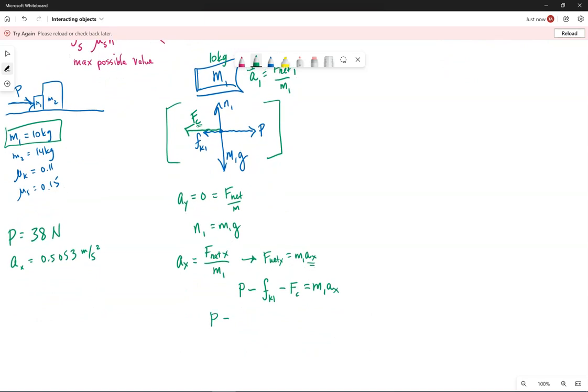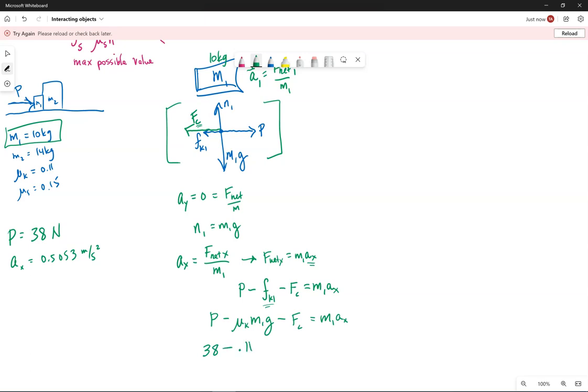We can write this. We know the force of kinetic friction is mu times n, but n in this case is mg. And by the way, you can always plug that in to begin with. Instead of writing just the force of friction, it's valid to type in mu times n, but make sure you are calculating n correctly for the problem you are working on. So here we know the pushing force is 38.